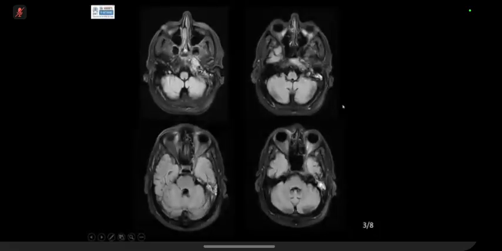On the FLAIR images on the left side, we've got a high signal lesion within the region of the left temporal bone. There's also some increased signal within the anterior portions of the temporal bone on the top left image.